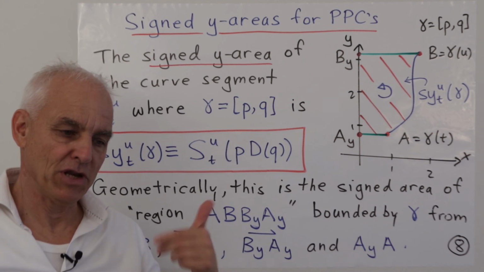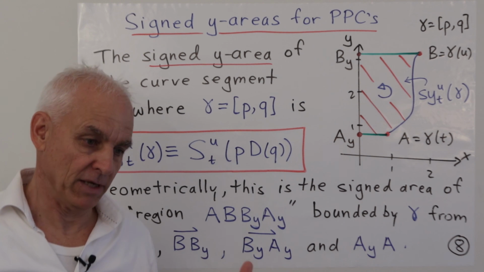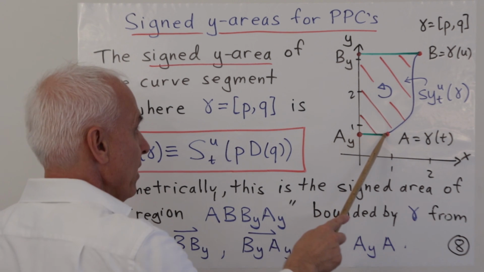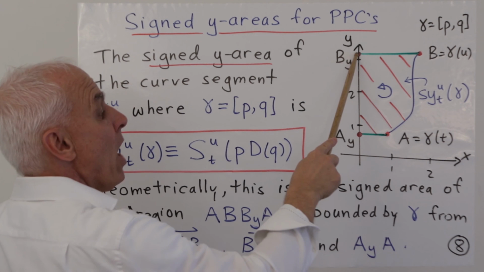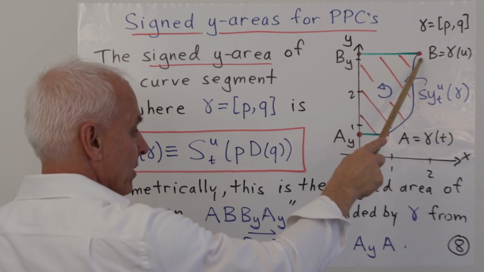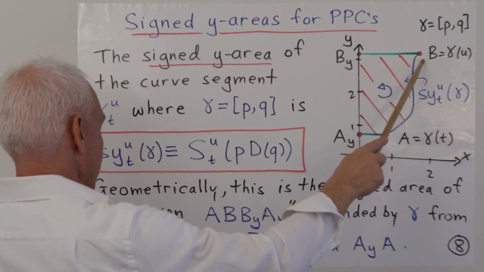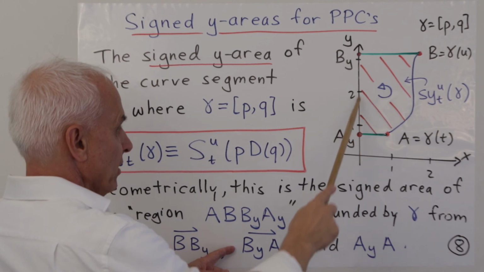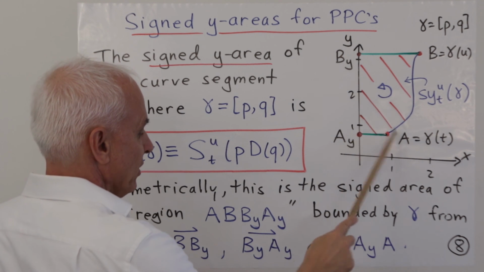The x one was QdP, this one is the y one, it's PdQ. And geometrically, this is the signed area of the region A, B, B sub y, A sub y, bounded by the curve gamma from A to B, and then the segment B to BY, BY to AY, and AY to A.